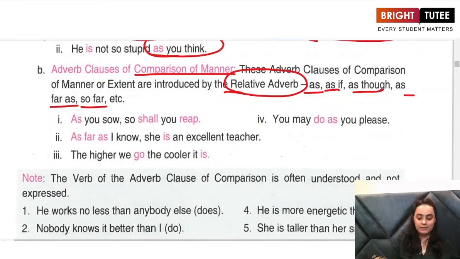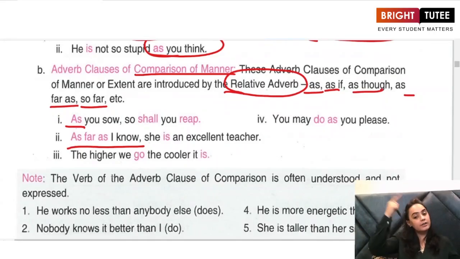What is the comparison of manner? As you sow, so shall you reap. Second sentence, as far as I know, she is an excellent teacher. The higher we go, the cooler it is.